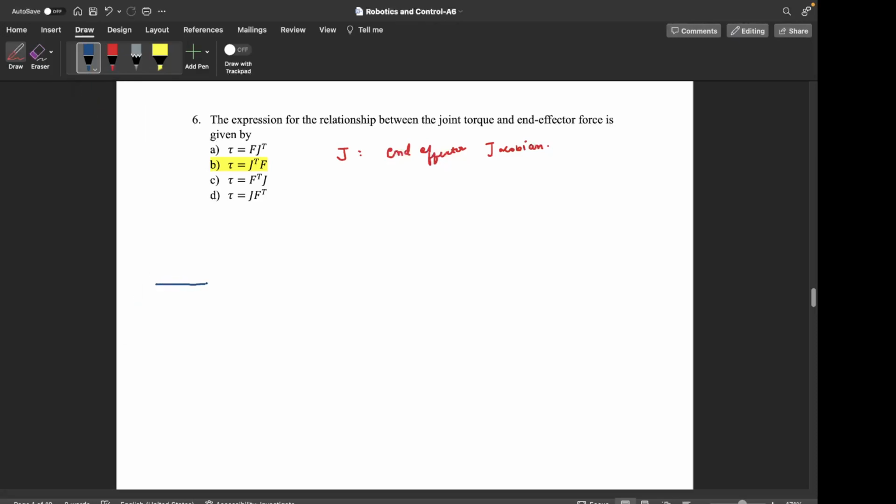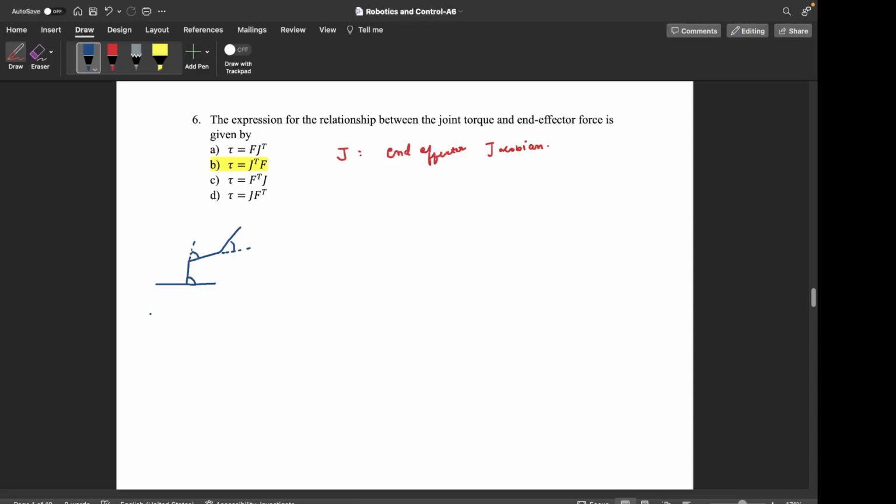Let's say there is a fixed base manipulator with 3 degrees of freedom: first, second, third.